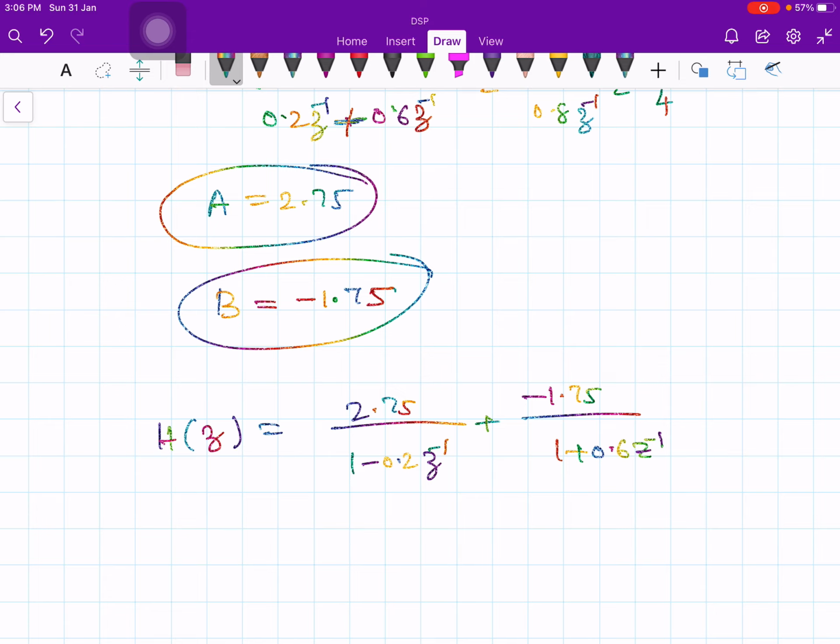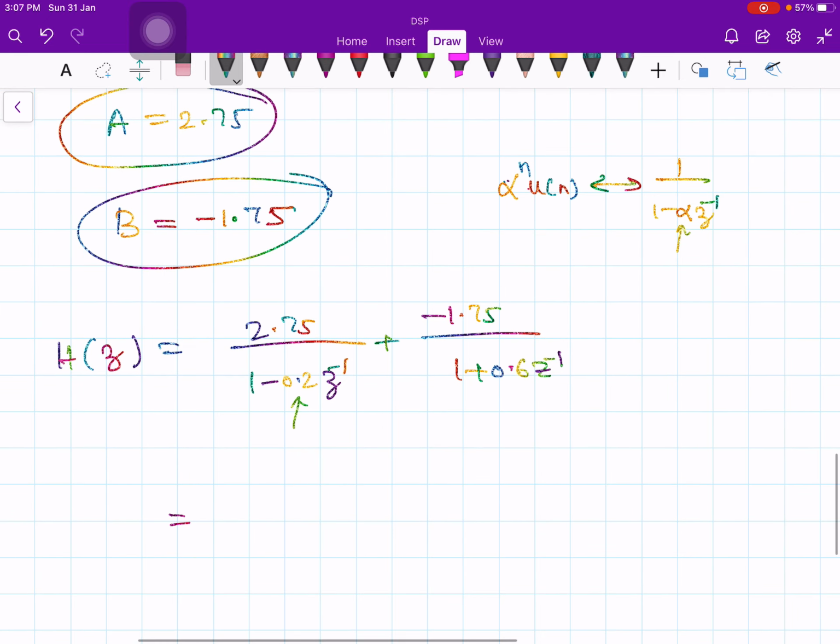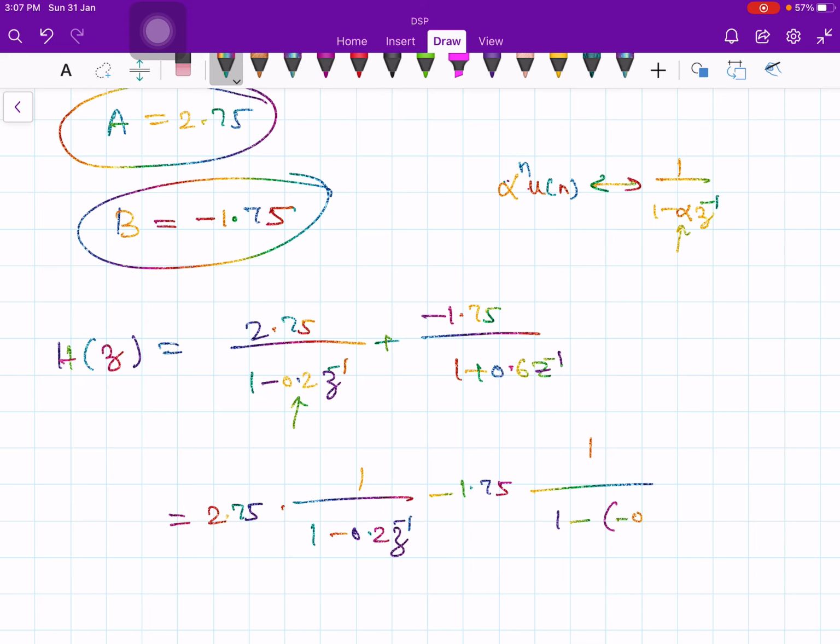Now if you look at the formula, alpha to the n u of n, if you take the Z transform, is 1 divided by 1 minus alpha times z inverse. Now instead of alpha, I have 0.2 here. So therefore 2.75 times 1 divided by 1 minus 0.2 z inverse minus 1.75 times 1 divided by 1 minus of 0.6 z inverse.